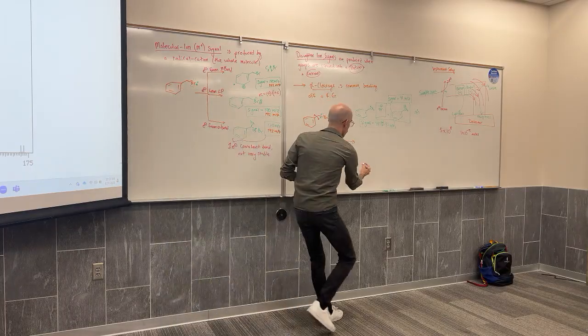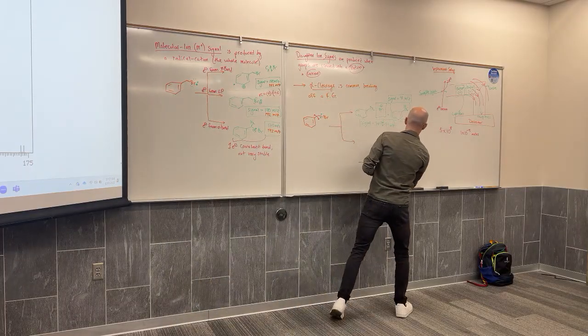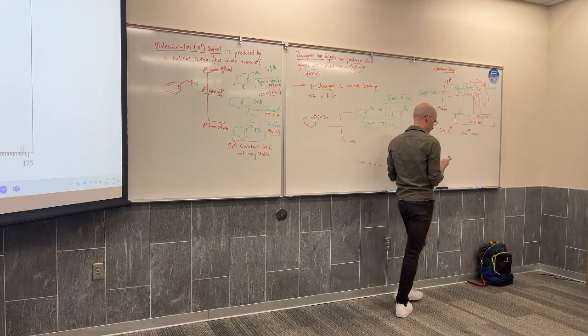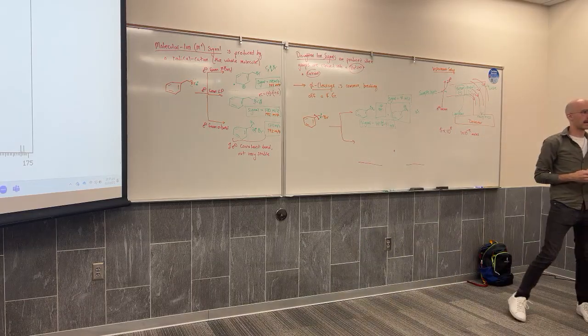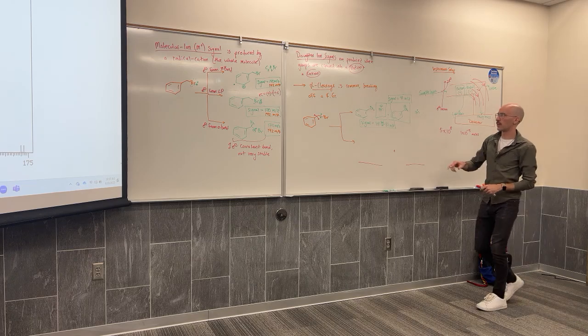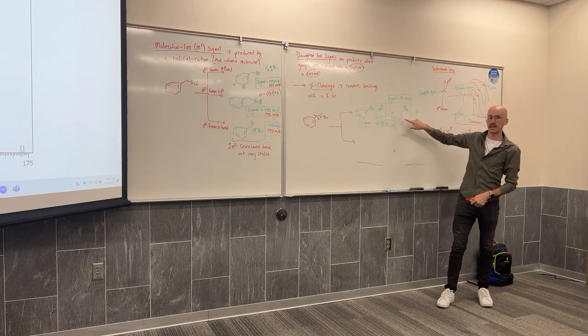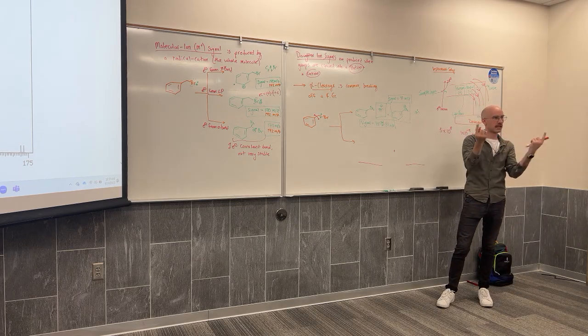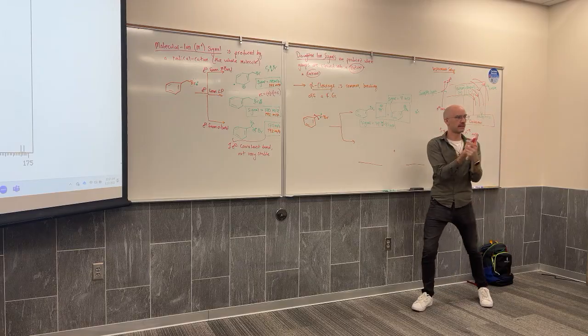Predict the two sets of fragments that could form and the mass to charge signals that they would produce. I recommend doing it like I did before. Draw two sets of the same thing and then just assign the radical and the cation to the different fragments.